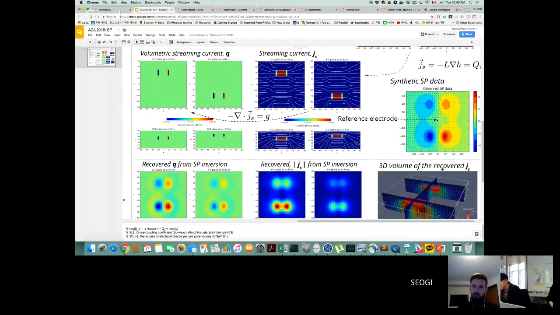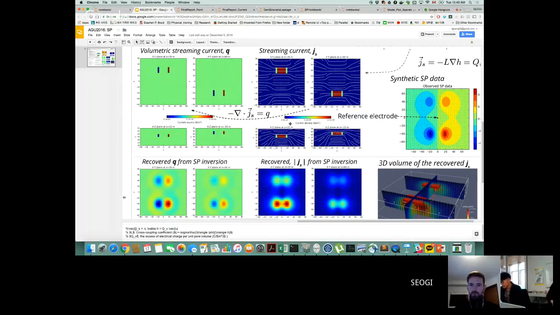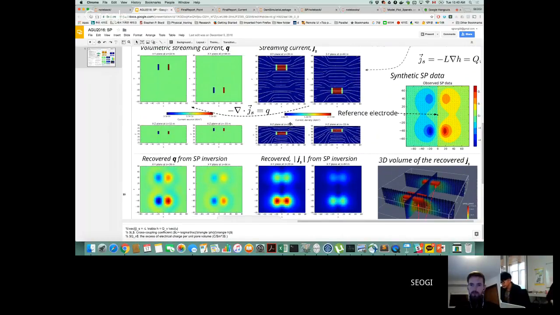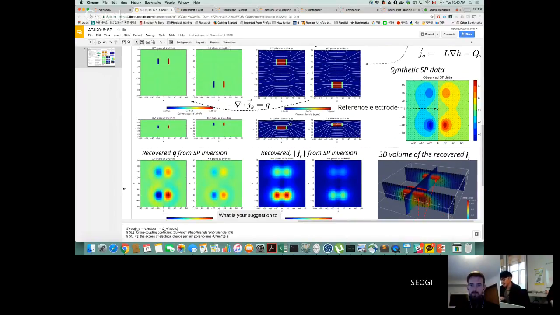Because those charges are exactly what you expect for the DC case, right? You get your current flowing from left to right. You have a more conductive body there. You get the positive charges on the right-hand faces and the negative charges on the left. Exactly.